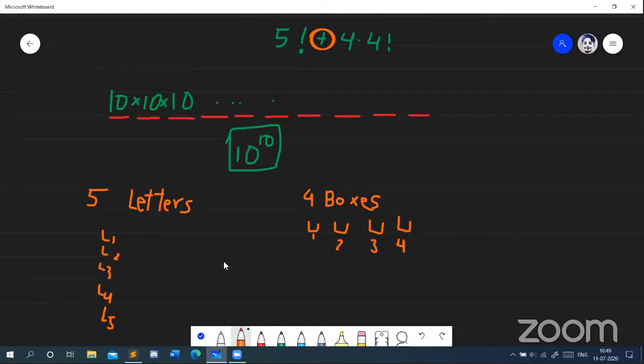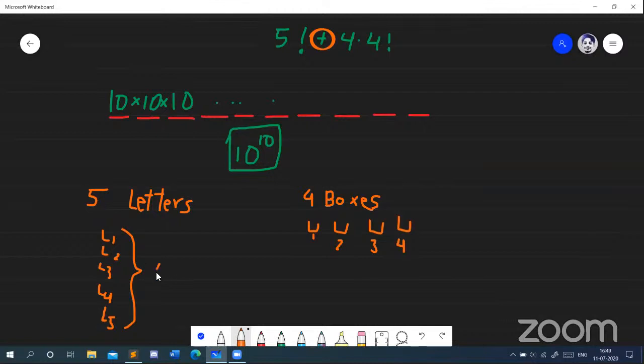Now, one way to look at this is that letter 1 has 4 choices. Letter 2 has 4 choices, because letter 1 can go to either box 1, box 2, box 3, or box 4. Letter 2 can either go to box 1, box 2, box 3, or box 4, and so on. So each of these 5 letters has 4 choices each.